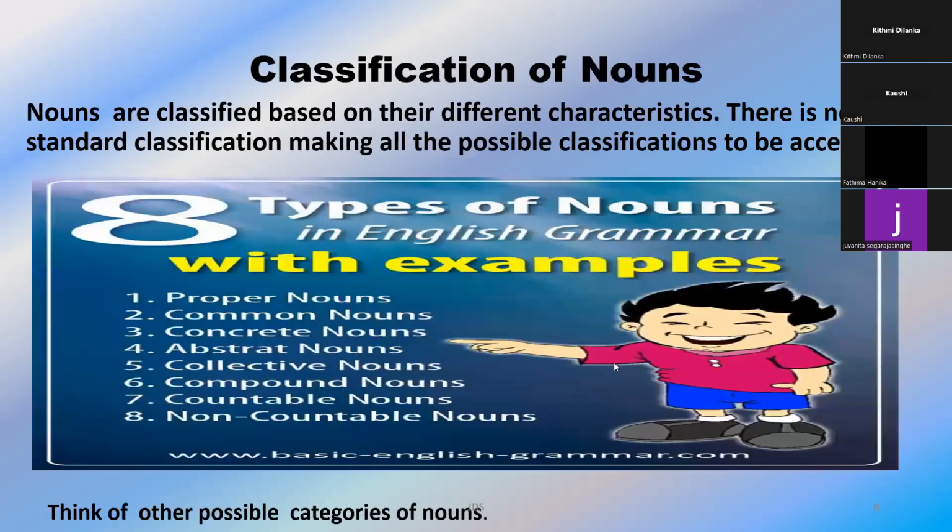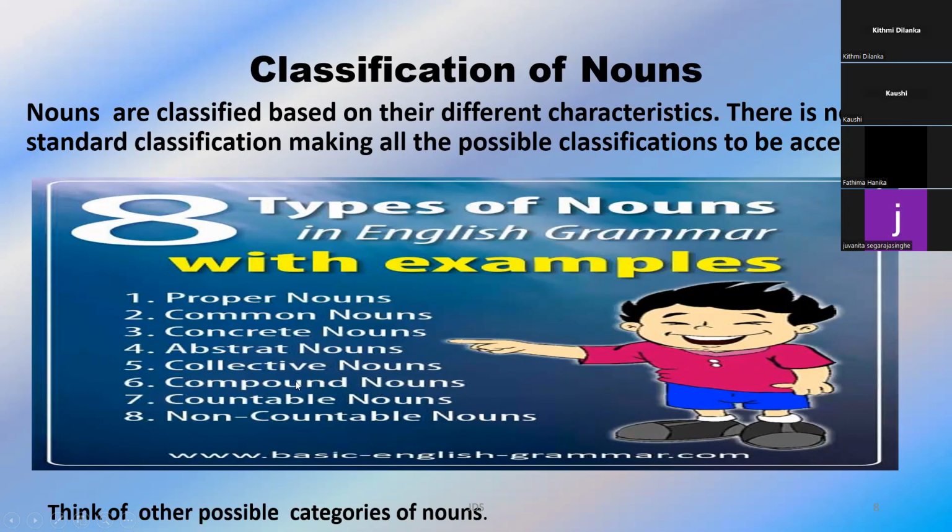Right, look here. Noun: material noun, countable noun, non-countable noun, right? So there are a whole lot of nouns when it comes to English. So it's very difficult to have a standard classification. However, these 8 types of nouns are very heavily used in grammar related to nouns.